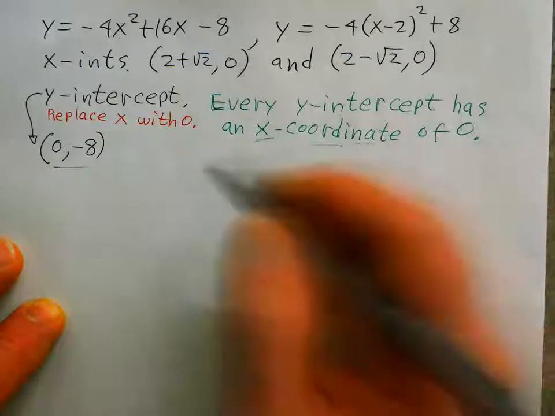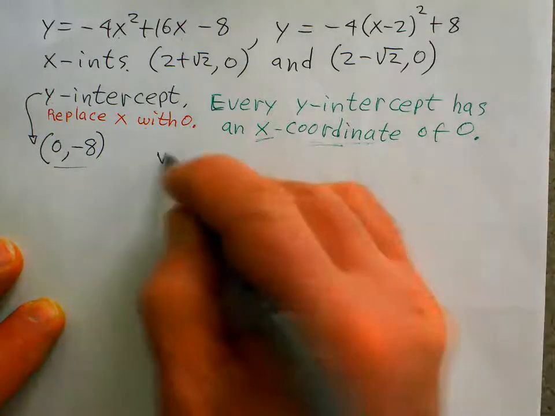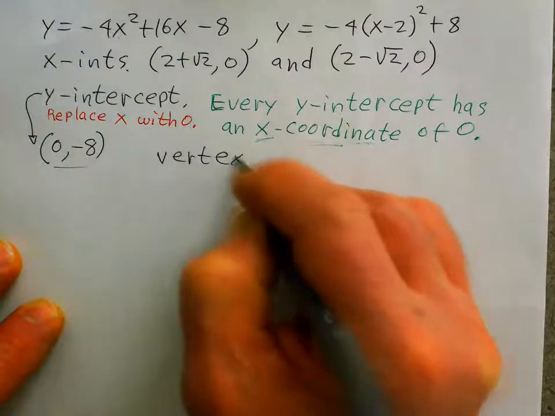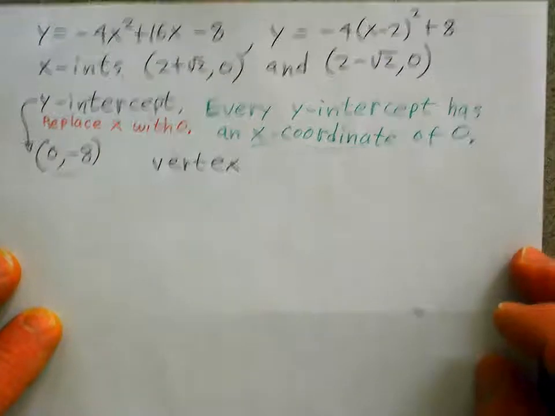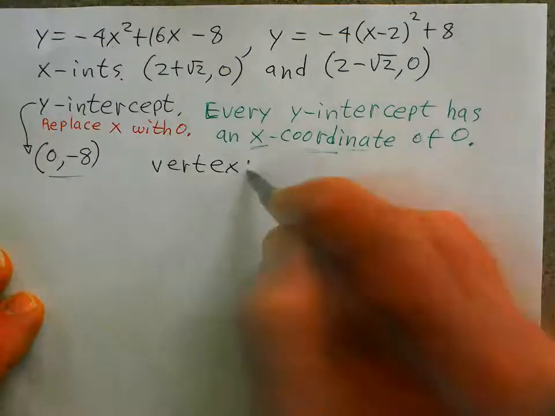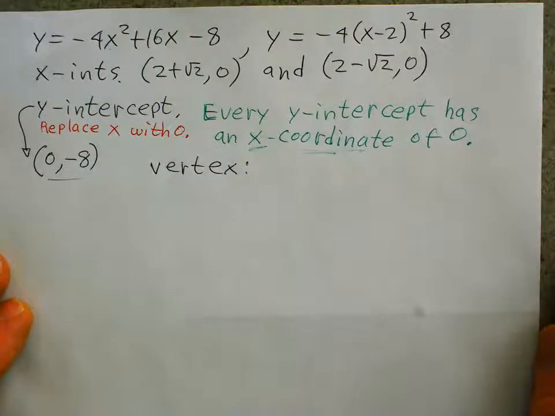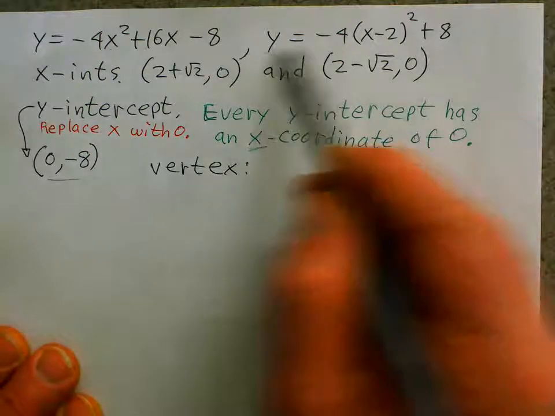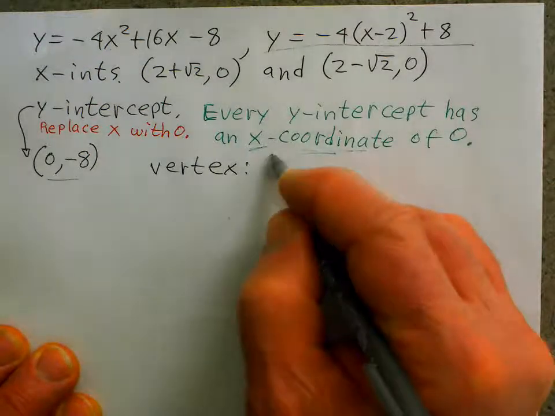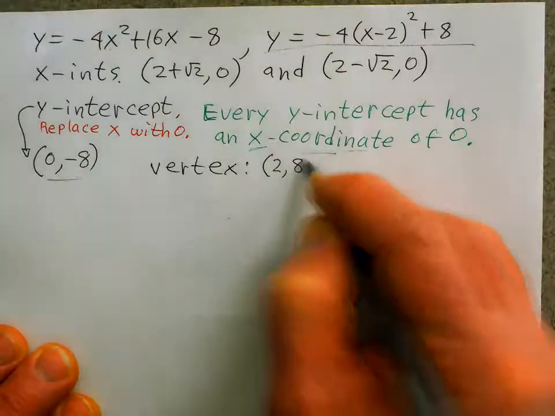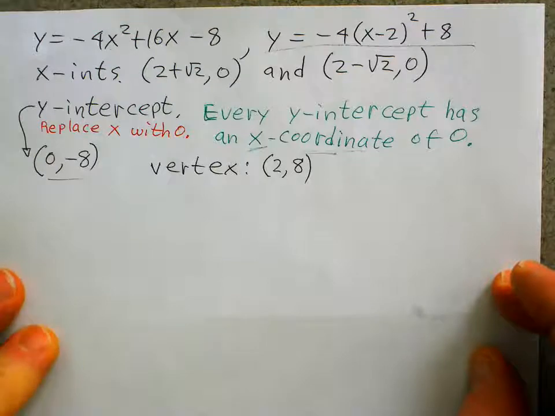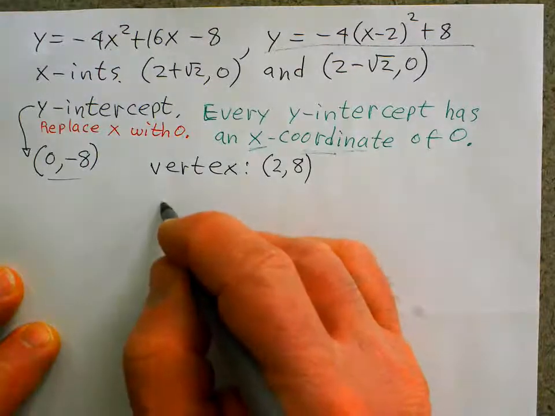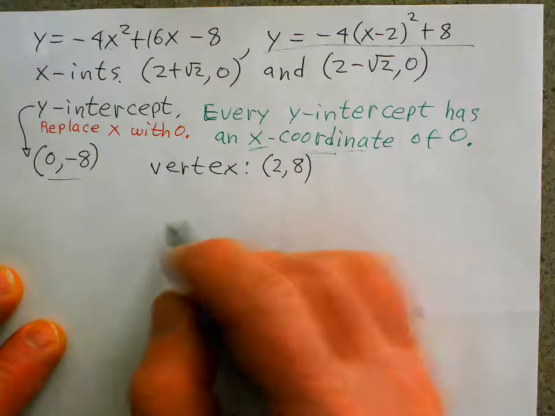Oh yeah, what's the vertex? I wrote it down on the other piece of paper, so here's the vertex form. So the vertex is the ordered pair 2, 8. Okay, so I guess we can get a rough sketch of the graph.